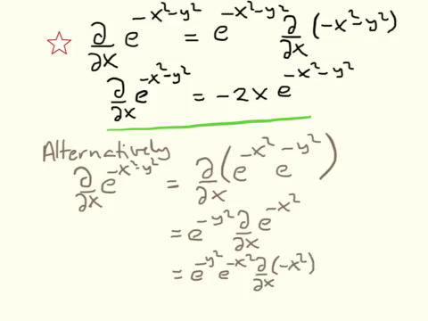Just as above, this is going to give us minus 2x, and this is e to the minus x squared minus y squared using the rules for powers. So this is minus 2x e to the minus x squared minus y squared. So that's just an alternative way of obtaining the result that we first got here. So with that, let's move on to the second exercise.